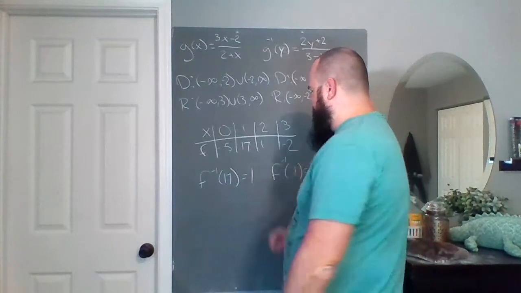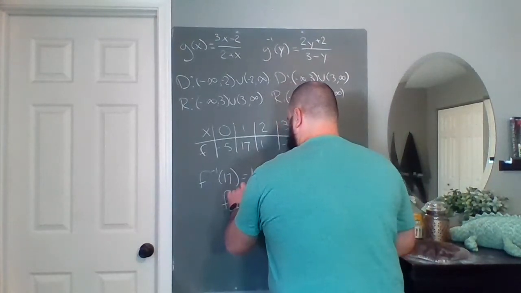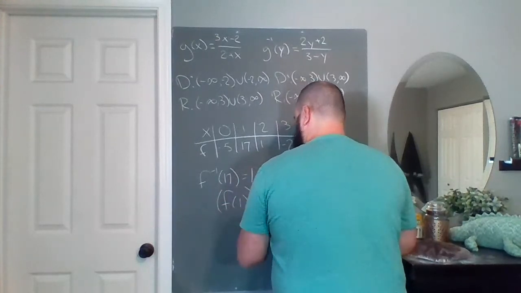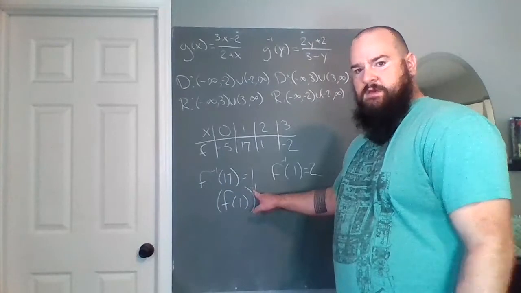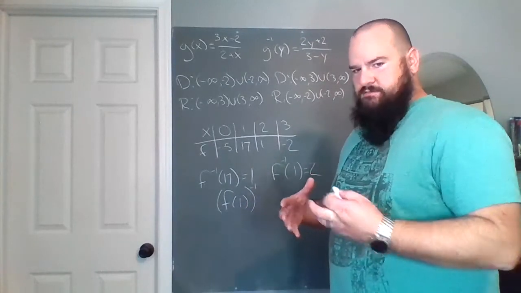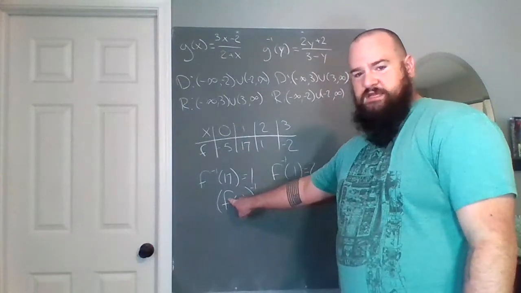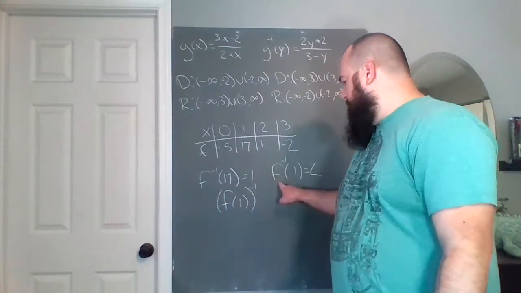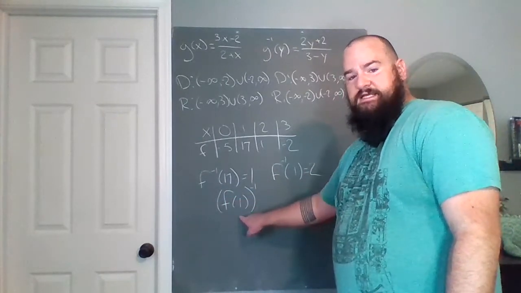Now, what about this? What's f of 1 to the negative 1? Order of operations, right? Because we've got two parentheses, so we've got to be careful. This negative 1 is not applying to our function name. Not like it was here. So what I have to do is first find what is f of 1.